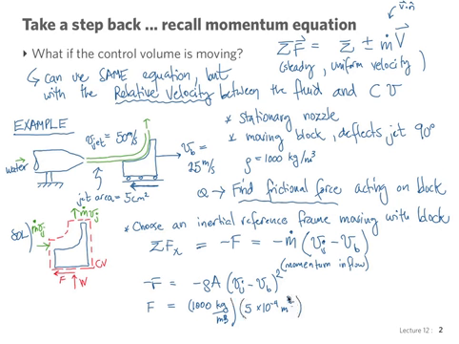And the velocity of the jet minus the velocity of the block is 50 minus 25 meters per second, squared. And so now we can obtain the result. It is 312 Newtons. That's our final result.